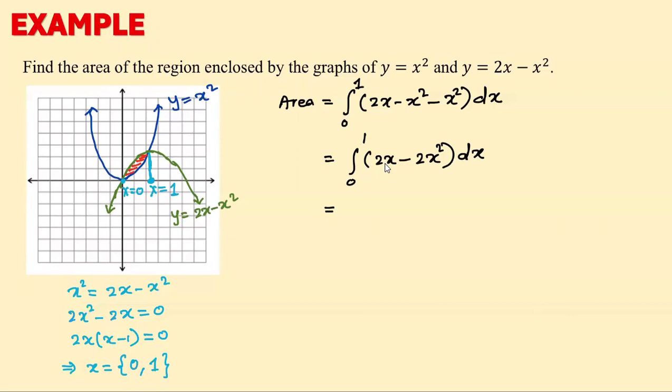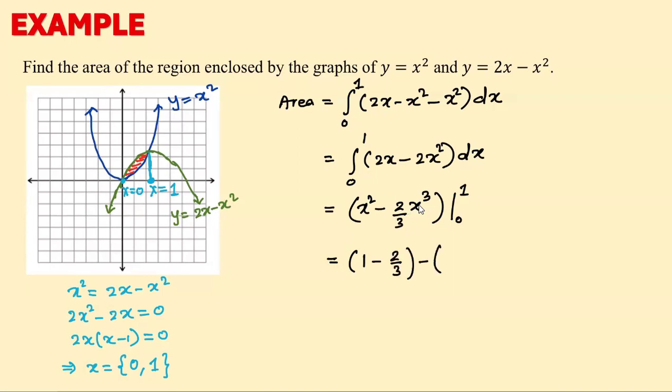Integration of 2x is x squared, because the derivative of x squared is 2x, and then minus 2 is a constant. Integration of x squared will be x cubed over 3. And we have to evaluate this between 0 and 1. So we are going to use the fundamental theorem of calculus, meaning we plug in the upper limit, subtract, and then plug in the lower limit. If I plug in the upper limit, 1 squared is 1, minus 2/3 times 1 cubed, that is 2/3.